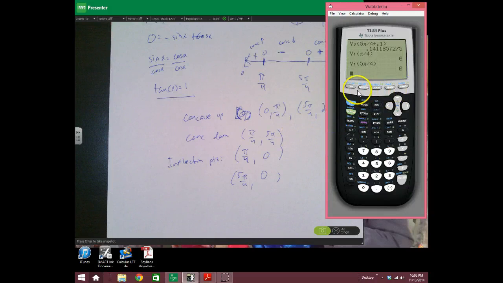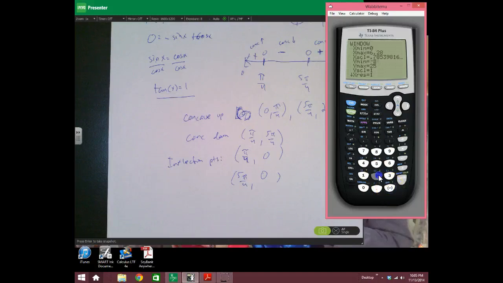Now if I want to look at the graph, I need to change the window because it's that window from the old one. So I'm going to go from 0 to 2 pi, which is 6.28 and some change. X scale's 1. Actually, let's do x scale pi over 4, just so we can show where it is changing inflection, because it would be at pi over 4 and 5 pi over 4.